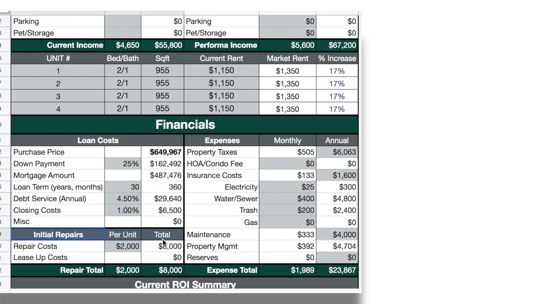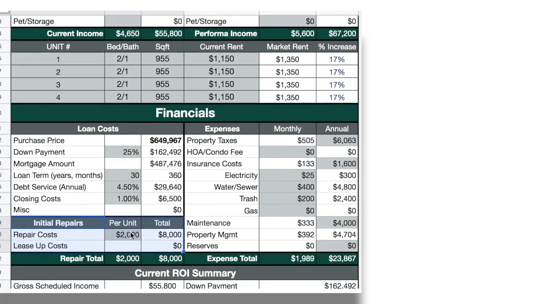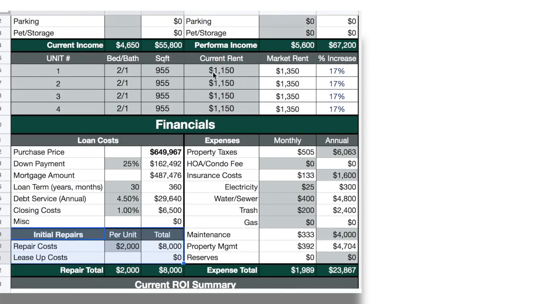Initial repairs, so this is different than your recurring maintenance, which is reflected here. Initial repairs and initial lease-up costs are going to be basically what it's going to cost you to go from here to here. So if you're going to increase everybody's rent $250, they're probably going to expect some level of upgrade. And generally when you take over a building, there are maintenance requests that come in.